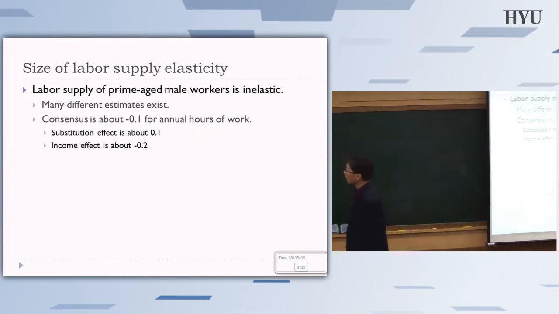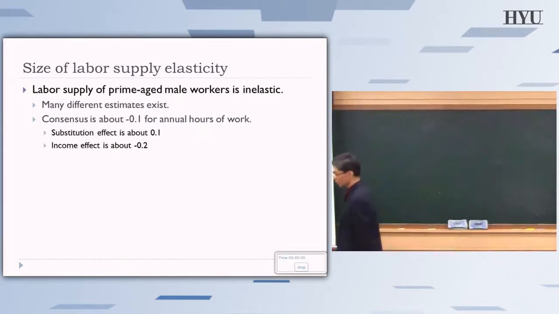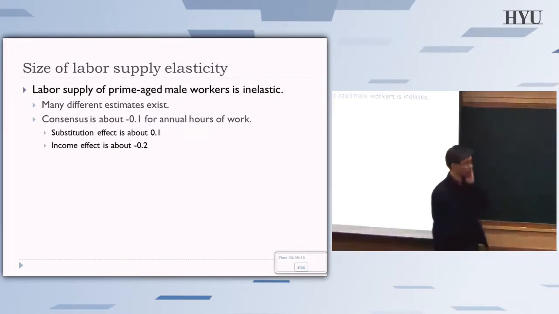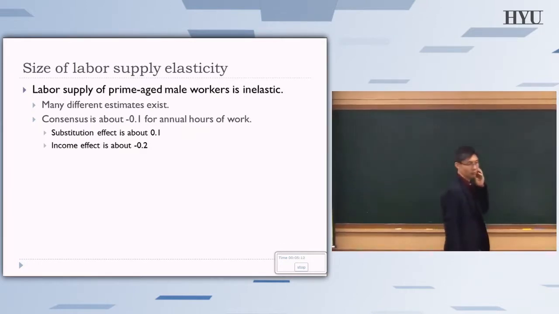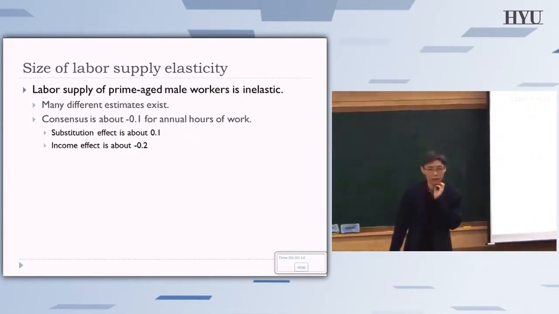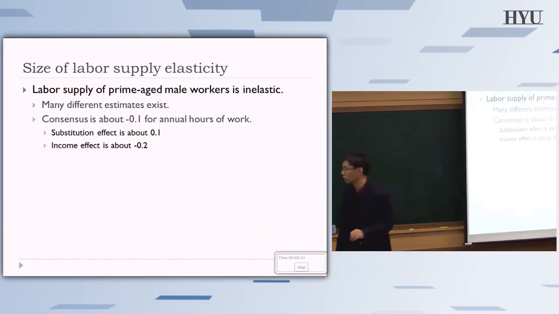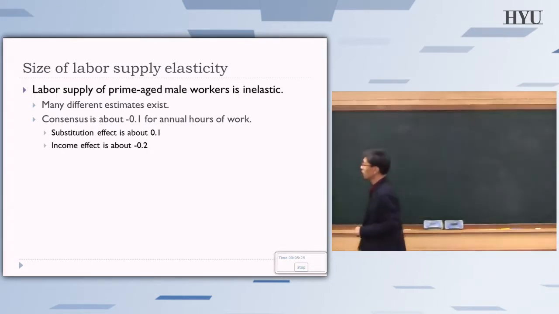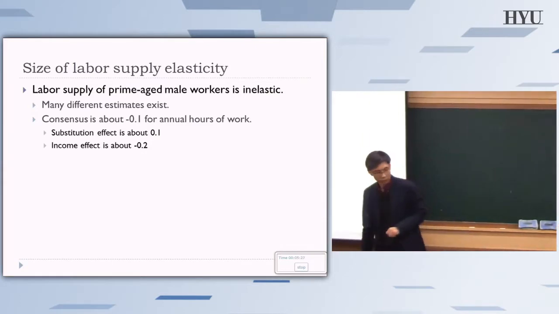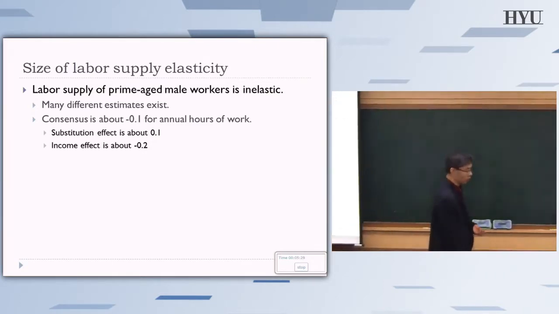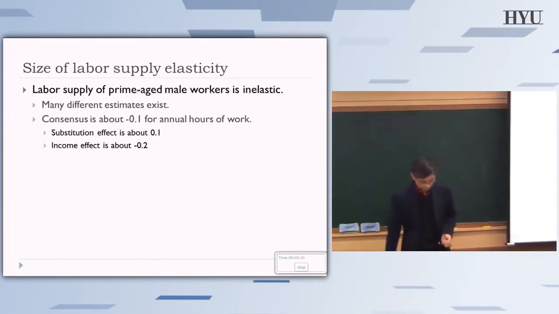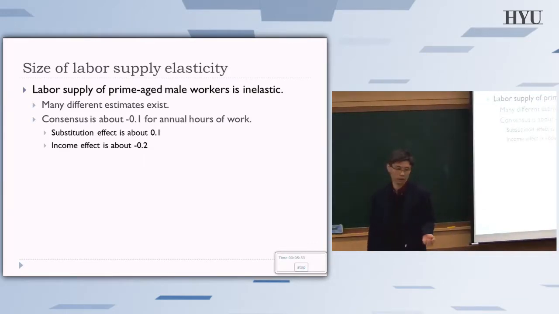Okay. When economists look at the labor supply elasticity, they usually look separately at men and women, because male and female labor supply situations are quite different. For prime-aged male workers, prime-aged means the age group that is expected to work most of the time.